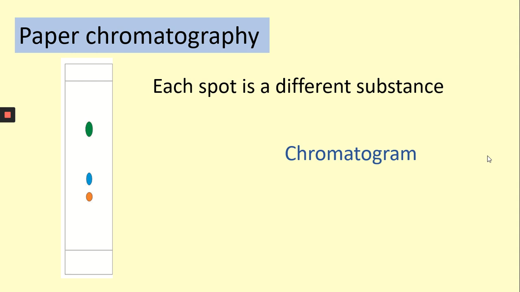So this one on our screen contains 3 different substances. 3 spots, 3 substances. Like I said, sometimes you get 2 dots that have travelled the same distance. To separate them out, you would have to use different solvents, as they would then travel different distances. If you only ever get 1 spot, it means it's a pure substance.